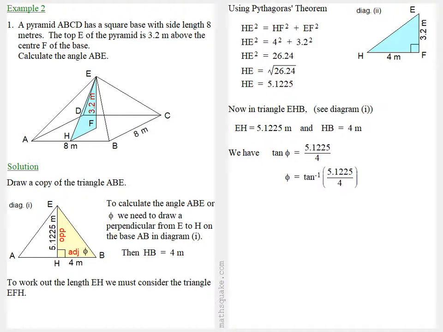So taking the inverse tangent of both sides, we get phi is equal to the inverse tangent of 5.1225 over 4. And if we work that out on a calculator, we get phi is equal to 52.014 degrees, or rounding it off to one decimal place, the angle ABE is 52.0 degrees.